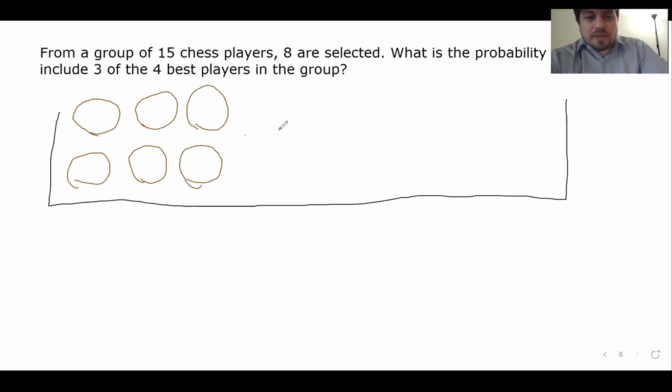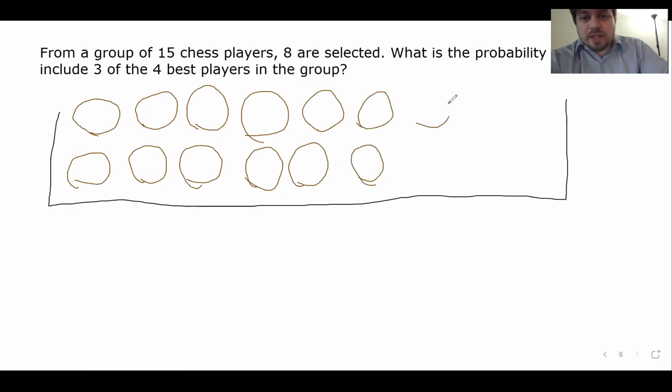Don't have me draw people. They'll be stick figures. They'll be terrible. So we have 15 chess players represented by circles.